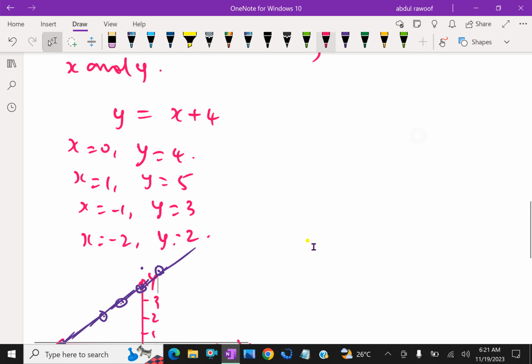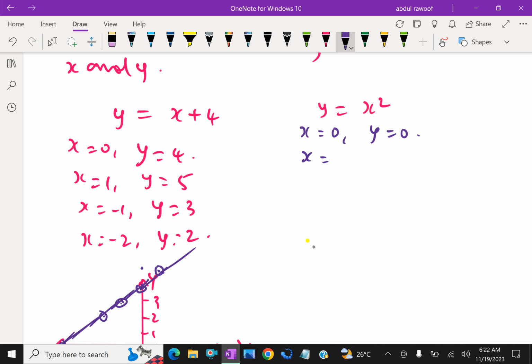Suppose we consider some other equation, y equals x square. Suppose x equals 0, y is 0 square, which is 0. X is minus 2, y is 4, that is minus 2 whole square.